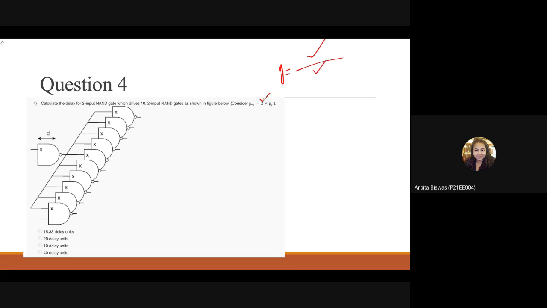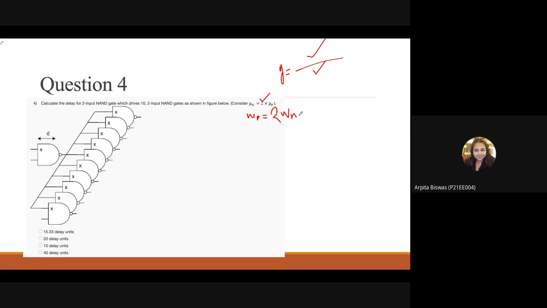So for the inverter, here it is given mu n equal to twice of mu p. It means WP, the width of PMOS, is equal to twice the width of WN. Now try to calculate. Then I will solve.